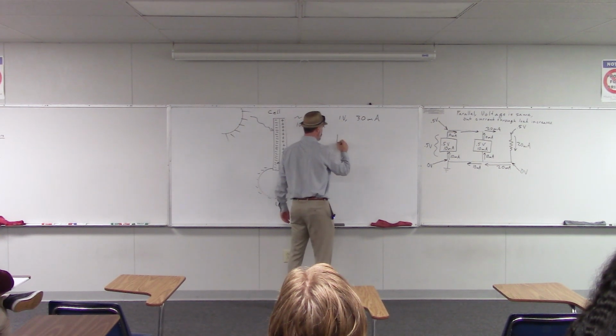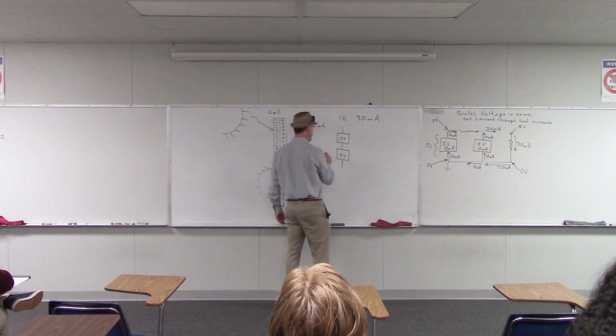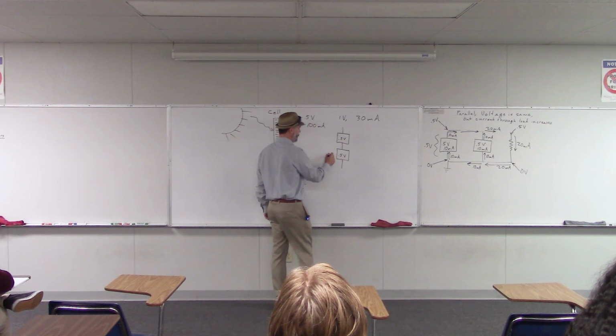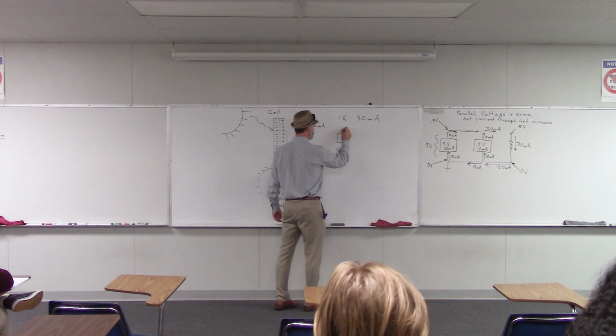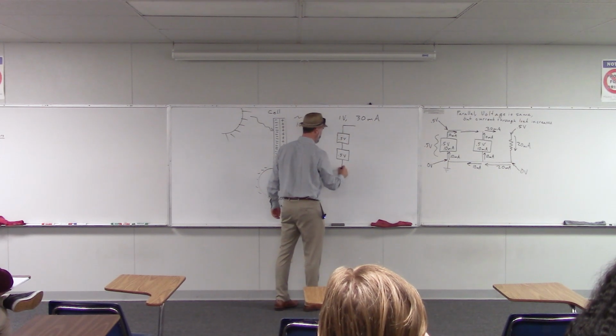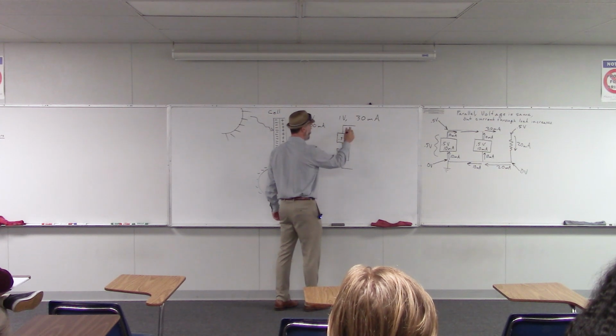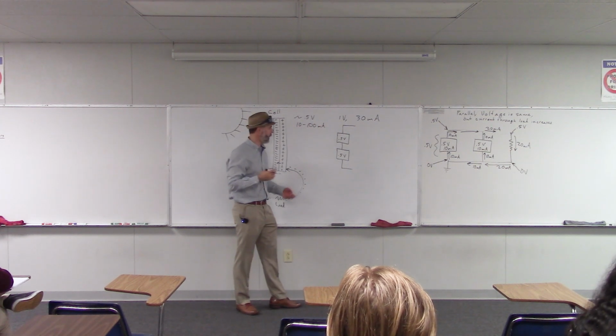In order to get 1 volt, we could have 2 cells in series. And when we put those together, we end up with 1 volt and how much current? 10 milliamps, exactly.